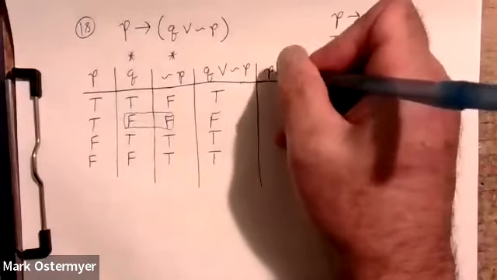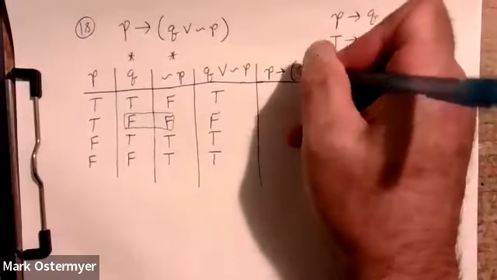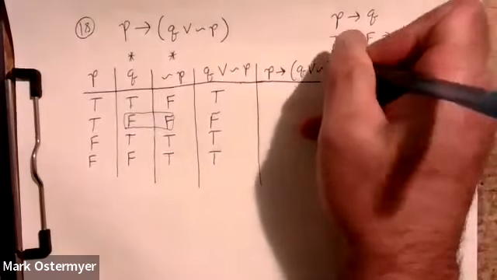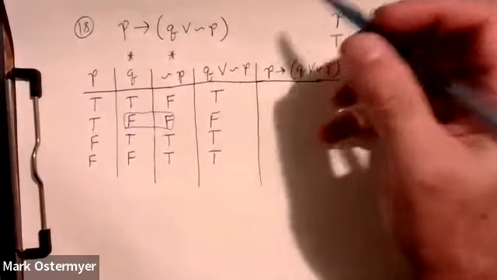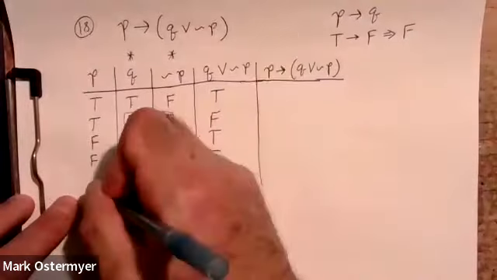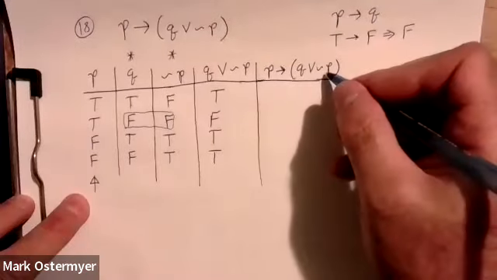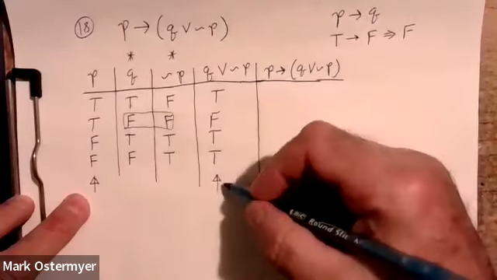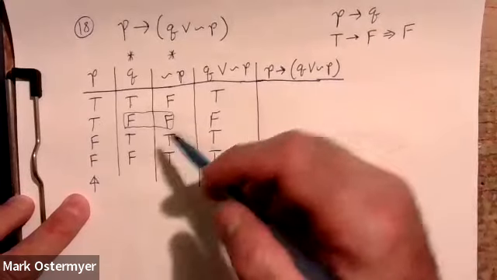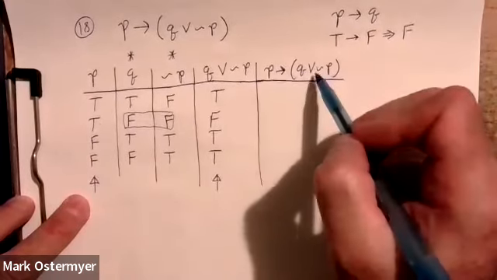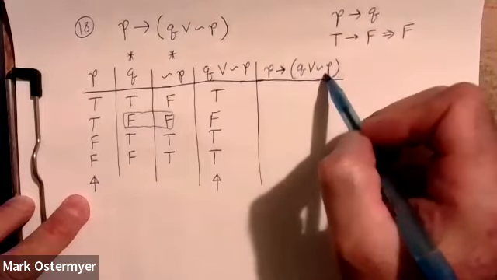Okay, so my last column is going to be the entire statement that we're being asked to evaluate. The columns I'm going to use are the P column and this column here. So if the first statement is true and the second statement is false, then the conditional is false.